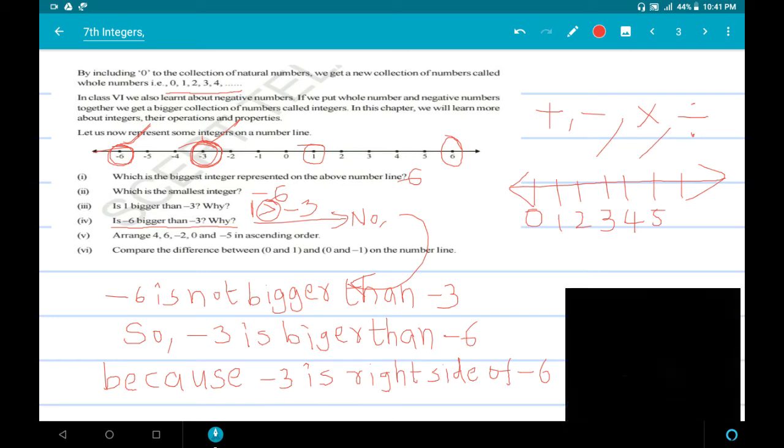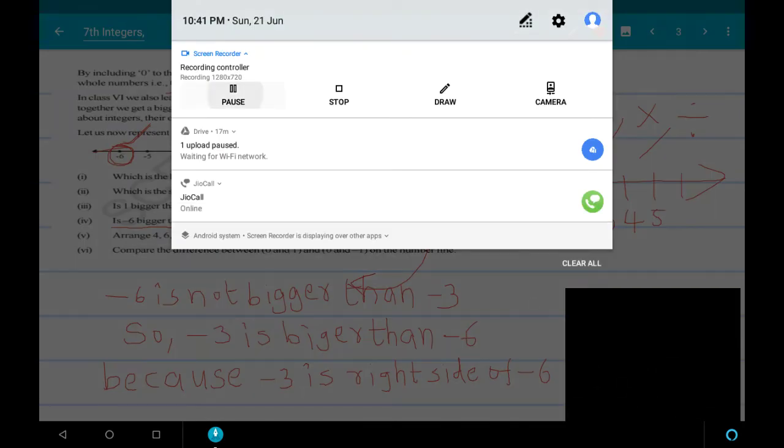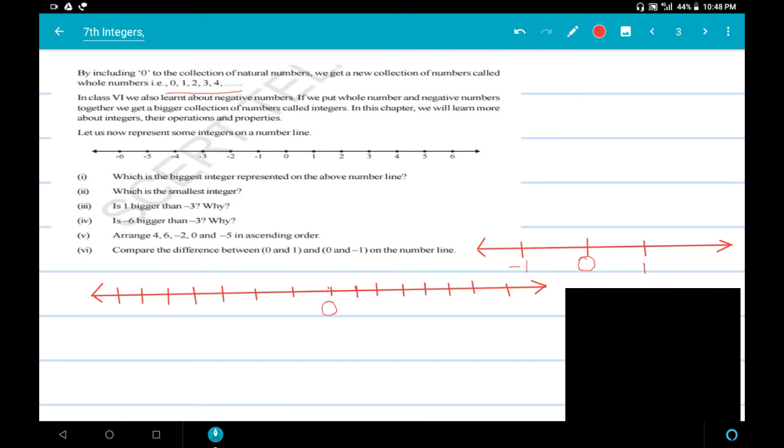Comparing all these numbers, here in the middle we write 0.